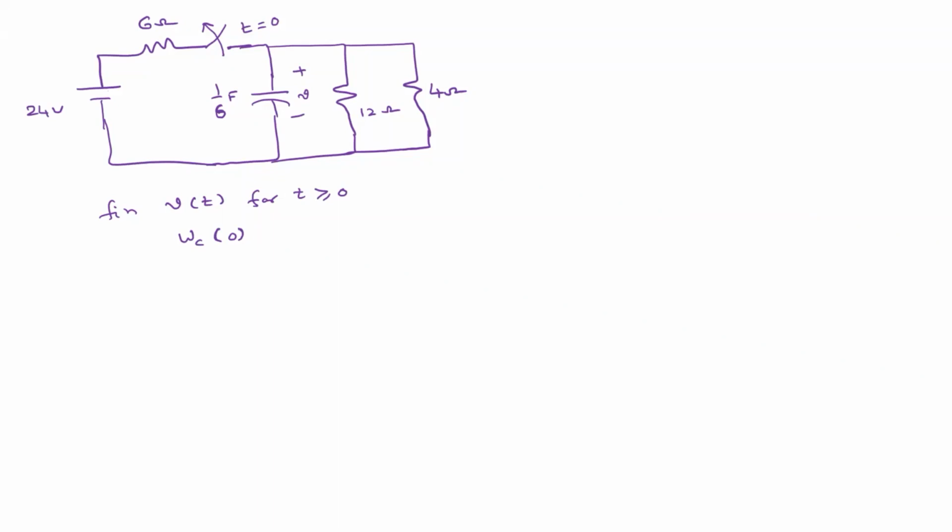V of t is equal to 8 e power minus 2t volts. Correct, sir. What is the energy? The formula is half C V naught square, right?